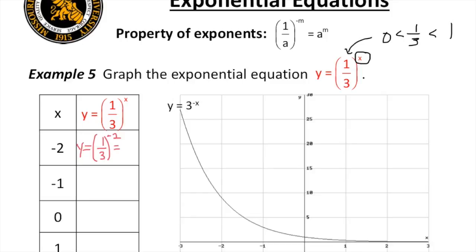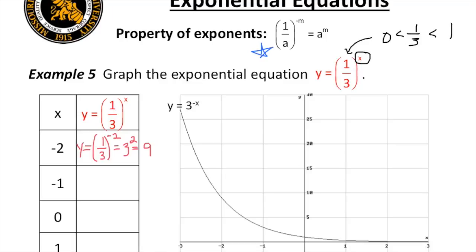And according to the property of exponents above, we can rewrite this as 3 to the positive 2 power, or 9. So notice, if we have a unit fraction such as 1/3 raised to a negative power, the denominator of the fraction comes to the numerator and the exponent becomes positive.